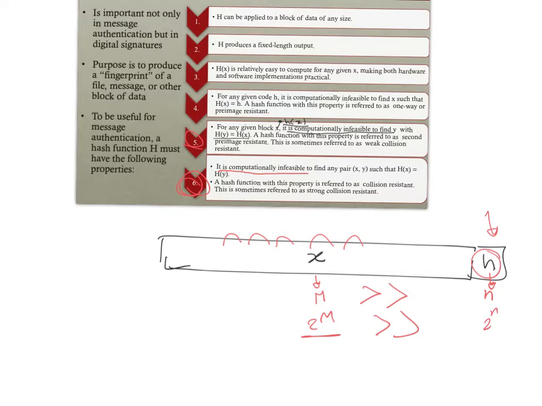But we want to make it as hard as possible. This is the requirement. So the summary is that we want to make the reversibility hard or computationally infeasible. And we want to make all forms of collision, weak collision or strong collision, also computationally infeasible or hard. Understood? So this is the requirement for any hashing mechanism.